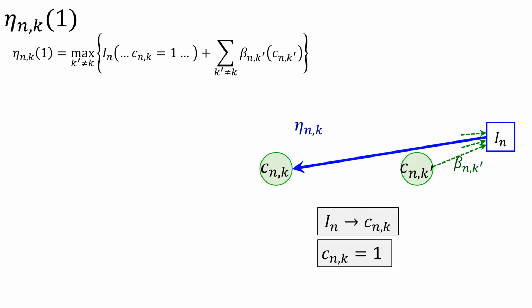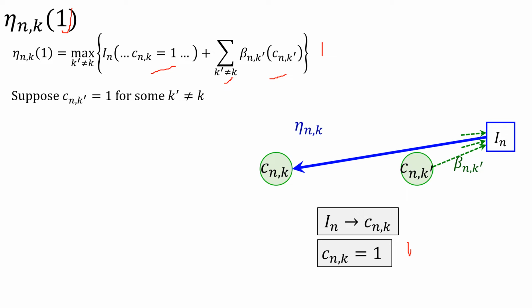So let's look at when cnk equals 1. So eta nk1 is equal to this expression here: in when cnk equals 1, and the summation over all the other incoming messages, k prime not equal to k.